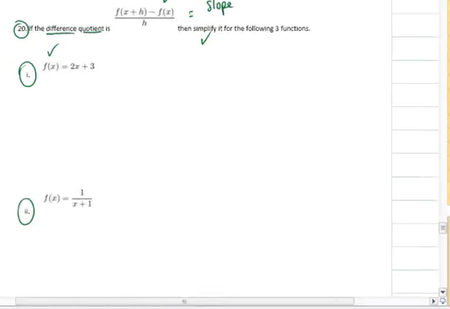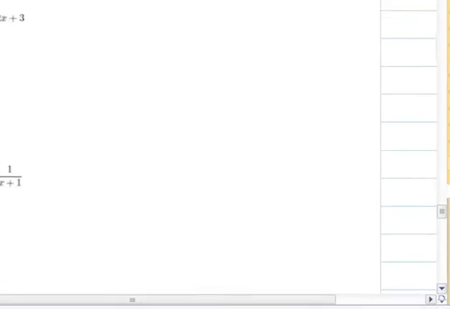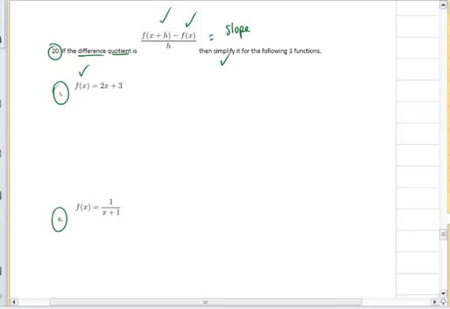So what we're going to do is find out what f of x plus h is. If f of x is 2x plus 3, f of x plus h is 2 times x plus h plus 3. We'll write it in difference quotient form.